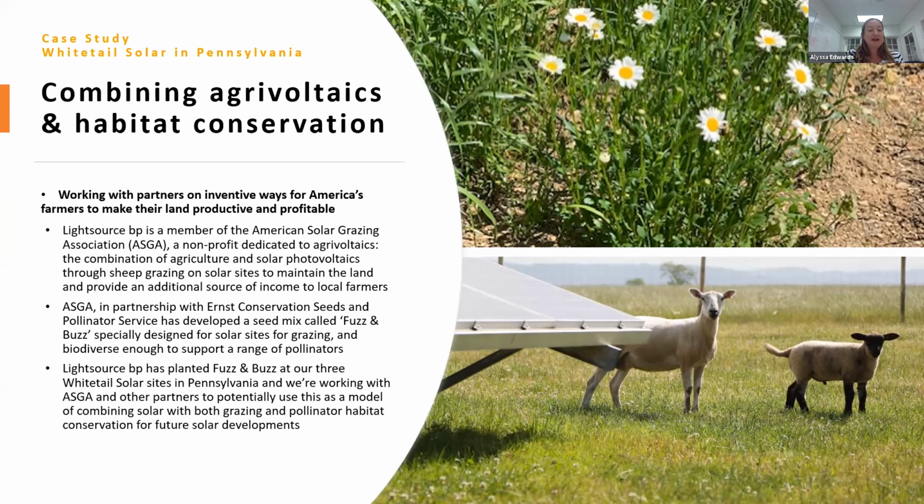We have a landowner adjacent to our Whitetail 1 project with 500 sheep that he is going to be grazing at the project site to manage vegetation. This farmer is not a project landowner. He's an adjacent landowner, and he will be paid through a contractual arrangement to provide the vegetation management on the project site. So it's a diversified revenue stream for this landowner.